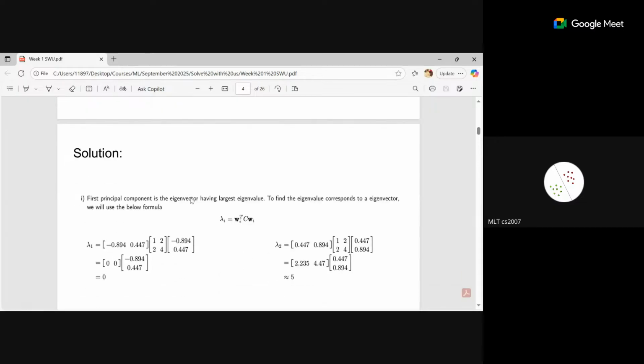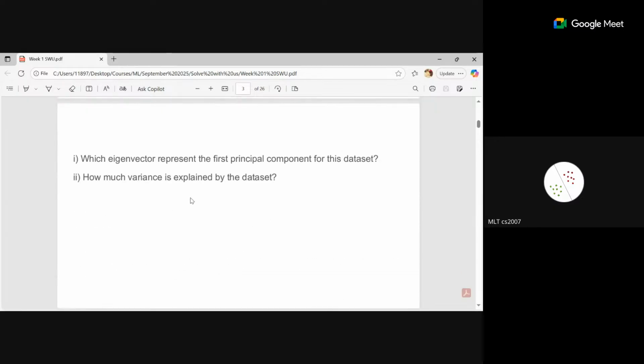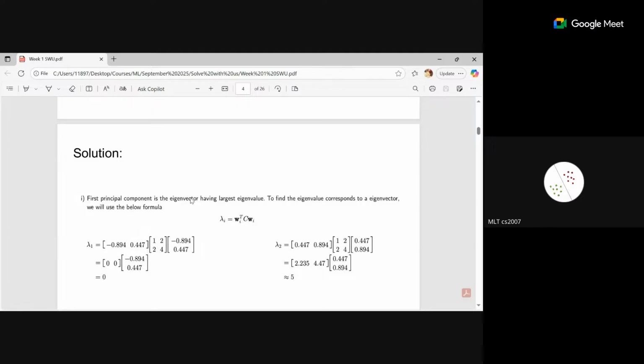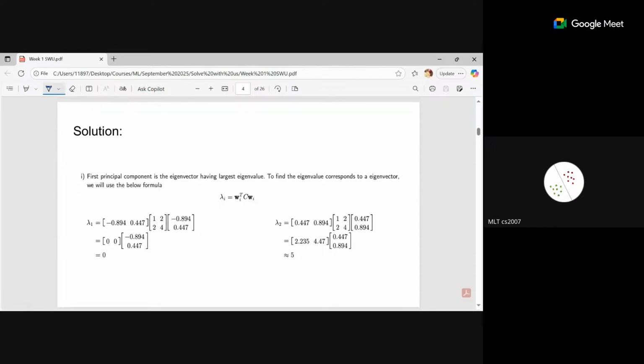What was given to us was just a covariance matrix and two eigenvectors. Now, what do we know? We know that Ax is equal to lambda x.